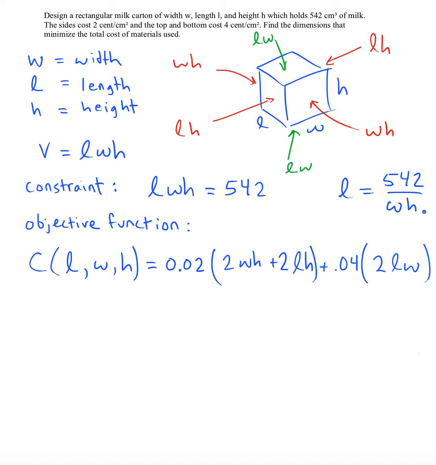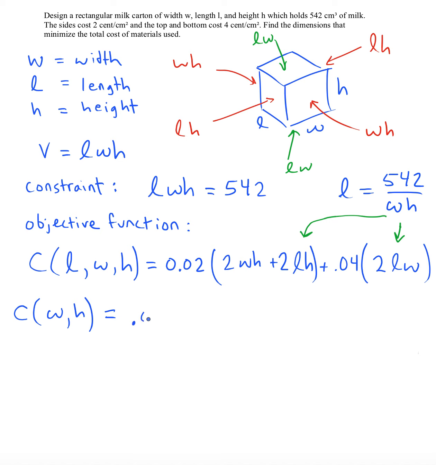Since that's a requirement, I can now take that and plug it in wherever we see L in our objective function. This will allow me to eliminate the L variable and get it to 2 variables, which is what we need.